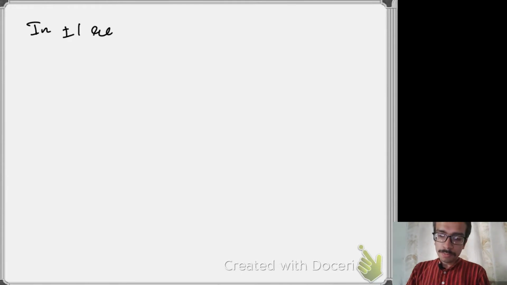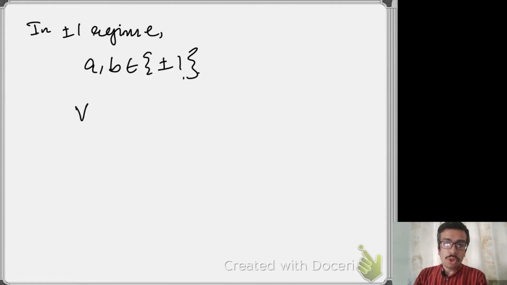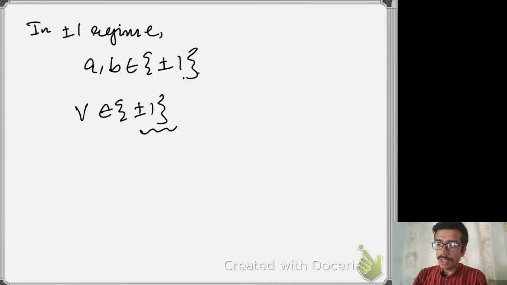So in the ±1 regime, our outputs A and B are going to be in ±1, and over there we can also talk about V lying in ±1, and this is because in this case, if V lies in ±1, it's easy to define bias.